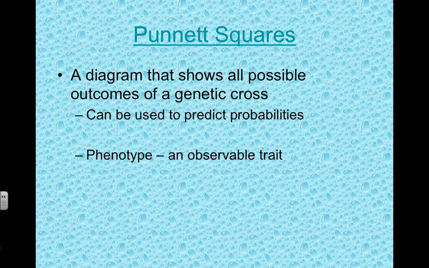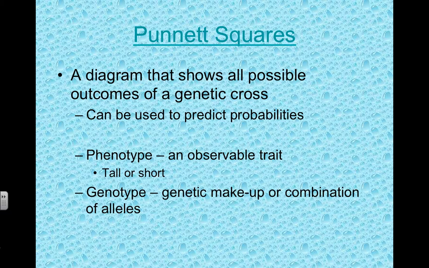A couple of terms that are going to pop up with these Punnett squares that we haven't talked about yet, or have only briefly, is the term phenotype. A phenotype is an observable trait, so the phenotypes we're going to use here today are tall and short. The other term we're going to see today is genotype, and genotype refers to the genetic makeup of alleles.